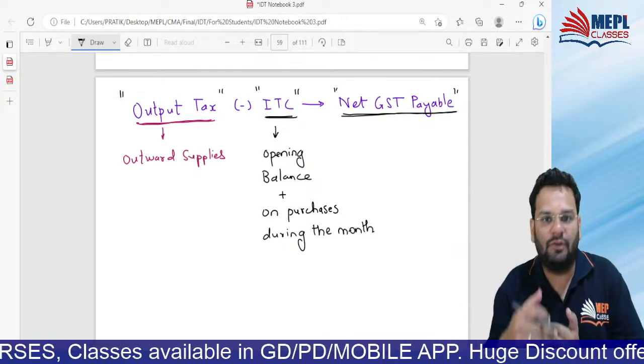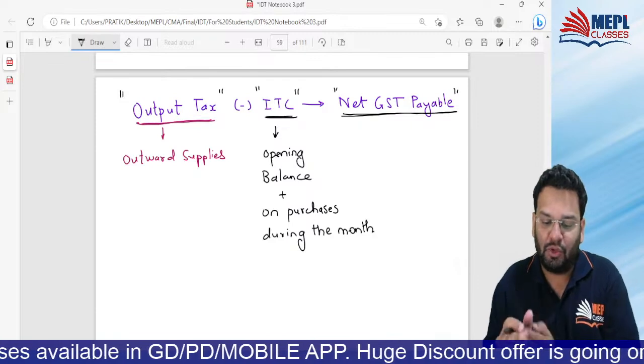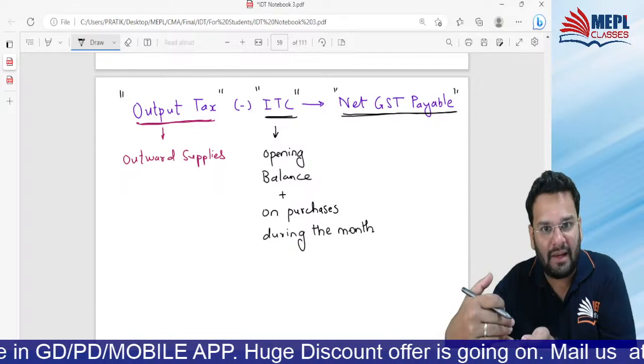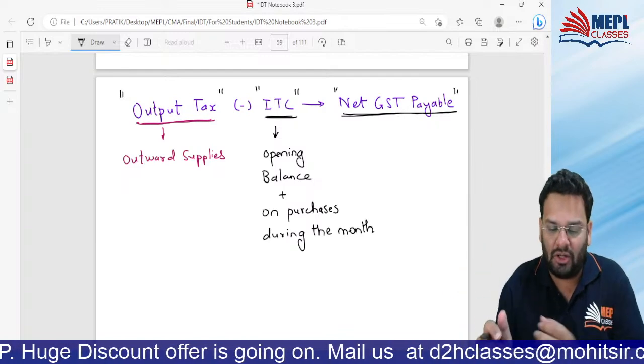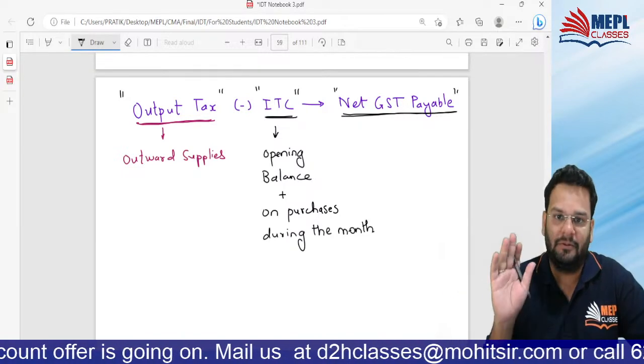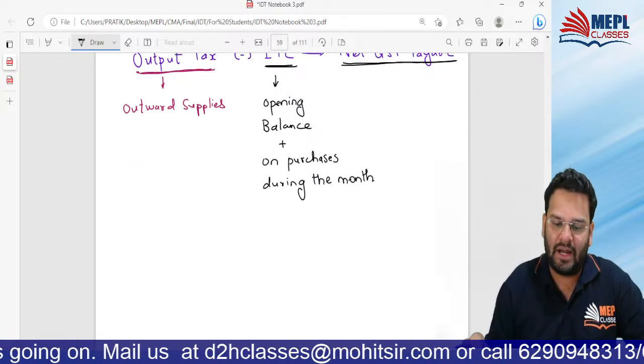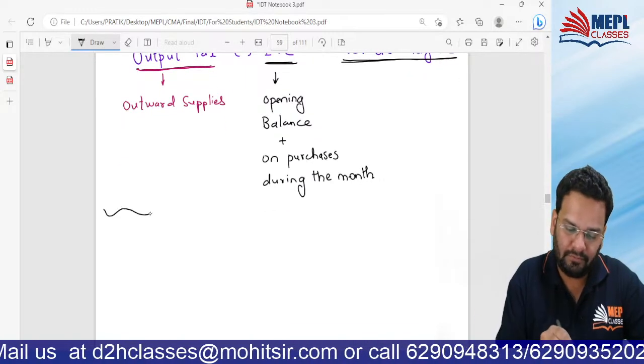Okay. Output tax will be on outward supplies. Input tax will be with respect to opening balances plus ITC, that is GST on purchases during the month. Let's go ahead and now solve it.